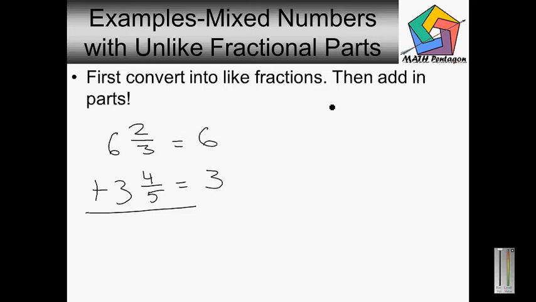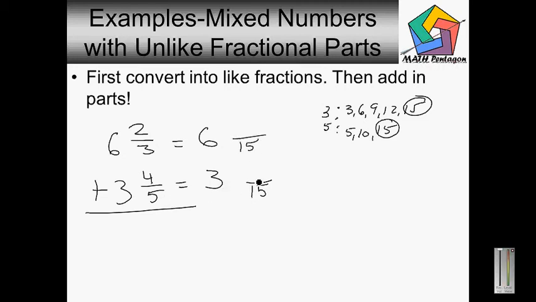Find the lowest common denominator between the 3 and the 5. 3 times 1 is 3, 3 times 2 is 6, 3 times 3 is 9, 3 times 4 is 12, 3 times 5 is 15, 5 times 1 is 5, 5 times 2 is 10, 5 times 3 is 15. Our lowest common denominator between these two numbers is 15. So 15 would be our new denominator.